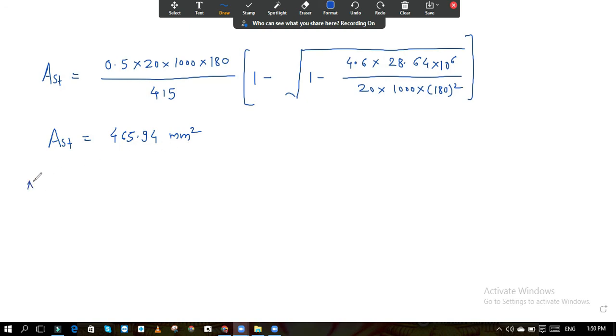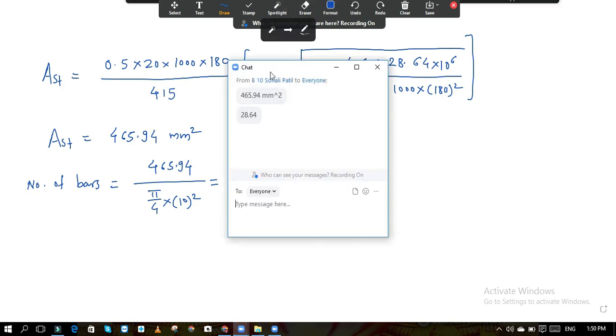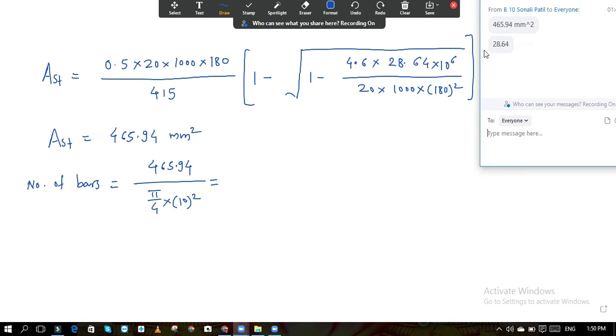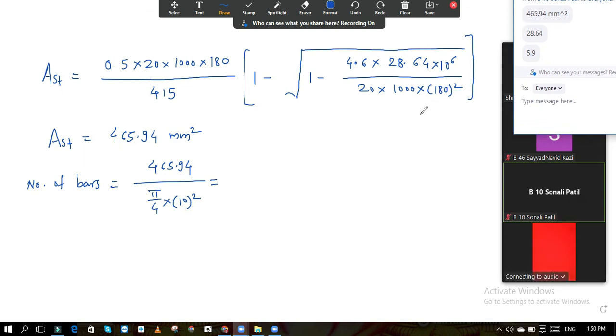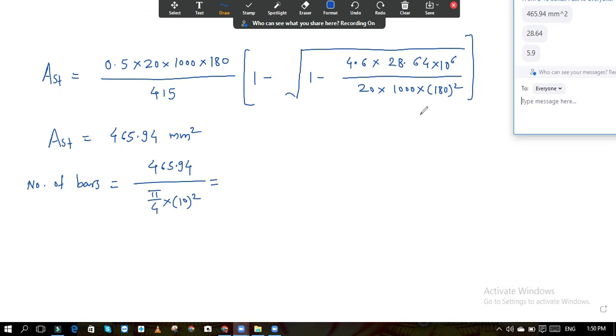Calculate number of bars. 465.94 divided by 5 by 4 into 10 square. 10 mm is our bar diameter. So what is the answer? 5.9. Okay, 5.9.